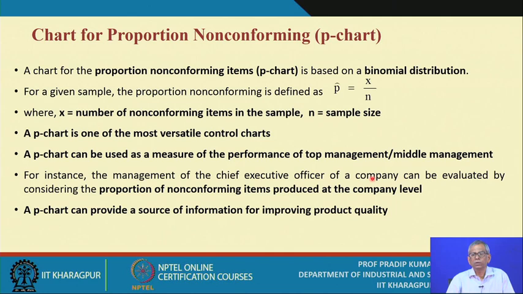Say, on an average it produces 3 to 5% nonconforming. That is the company level. So in order to control this proportion nonconforming of the output, you may feel like using a P control chart. A P chart can provide a source of information for improving product quality.